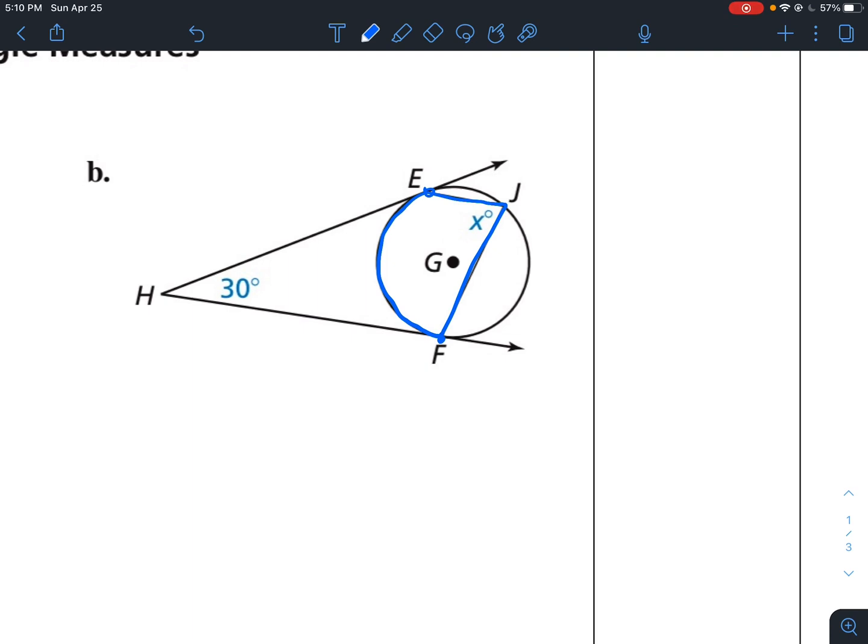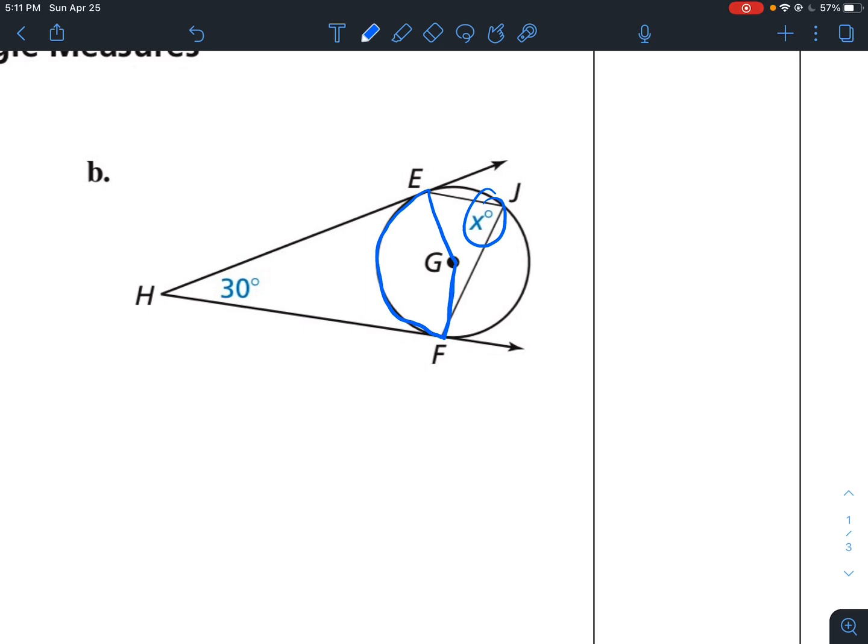Now I know that this angle right here is 30. So this measure right here is going to be half of this measure right here, but we also know that measures of arcs are the same as the measure of the central angle.